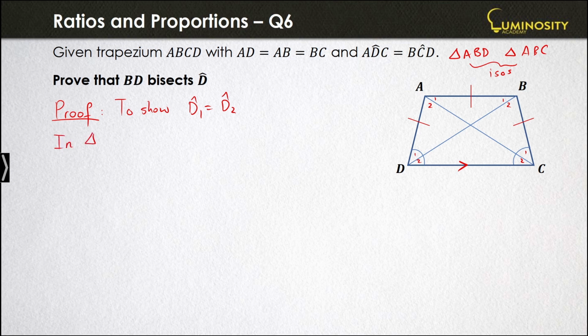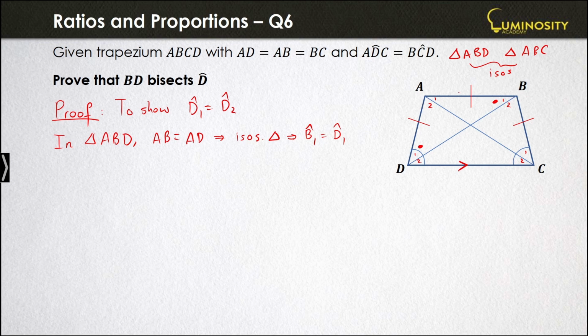In triangle ABD, we have AB equals AD. So this implies that this is an isosceles triangle, and that further implies that angle B1 equals angle D1. These two angles here are equal because of the isosceles triangle, AB is equal to AD.